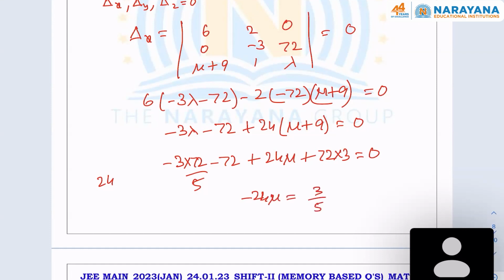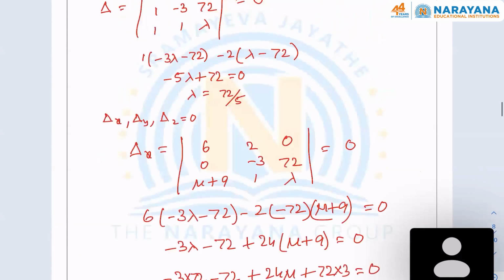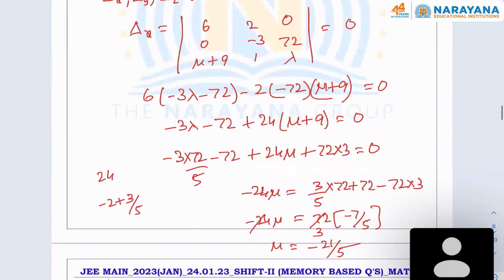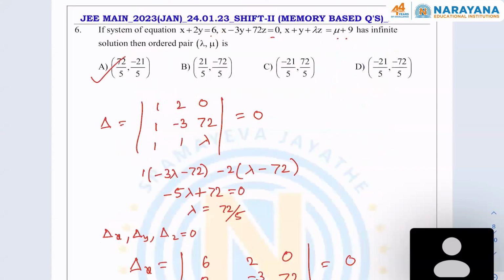So here what is the answer we are getting? I can take out 72 common, minus 2. So 24 3 is 72. So I'm getting mu value as minus 21 by 5. So lambda value, we already found out it is 72 by 5 and mu value is minus 21 by 5. So the option A is correct.